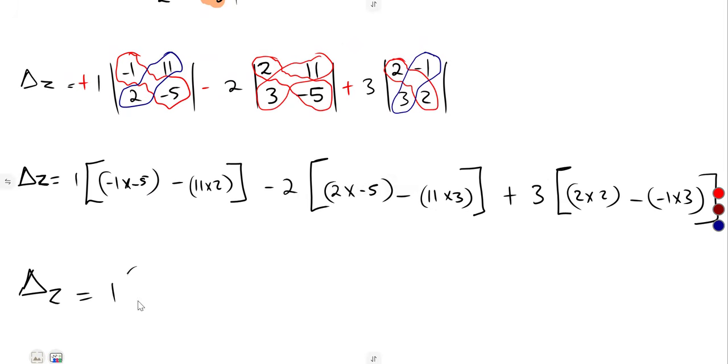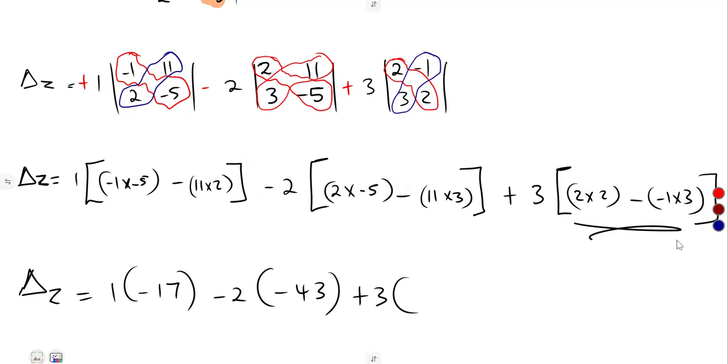So this is 1. Determine the value of this one in the bracket. That was going to give us negative 17. Okay. And minus 2, determine this. That was going to give us negative 43. Plus 3, determine this, is going to give us 7.